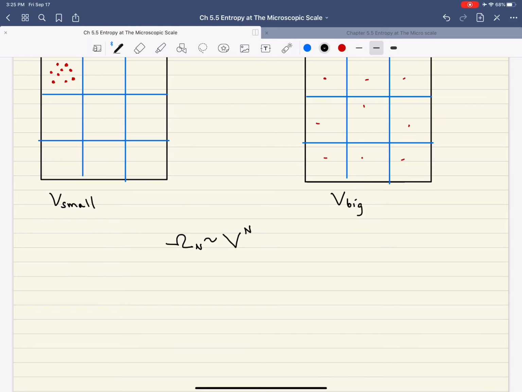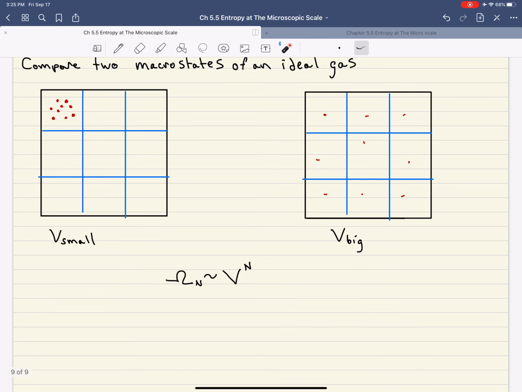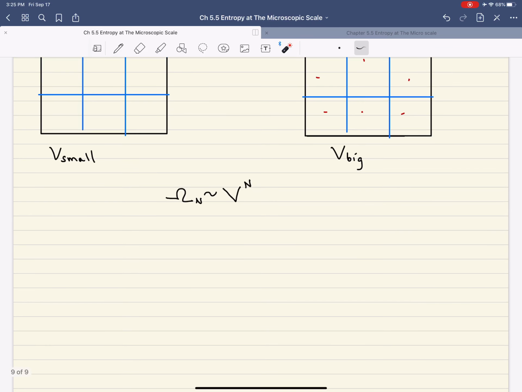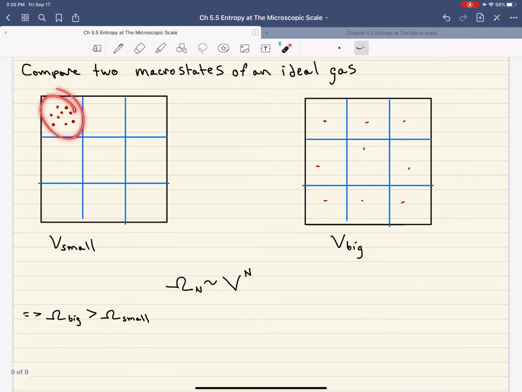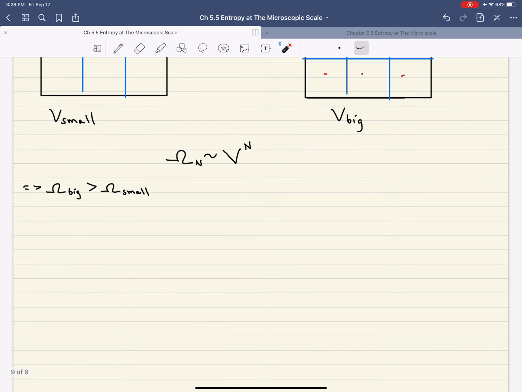So if the volume on the right is bigger than the volume on the left, the number of ways we could arrange the molecules if they take up the entire volume of the system is going to be larger than the number of ways we could arrange them if they only took up a small volume.